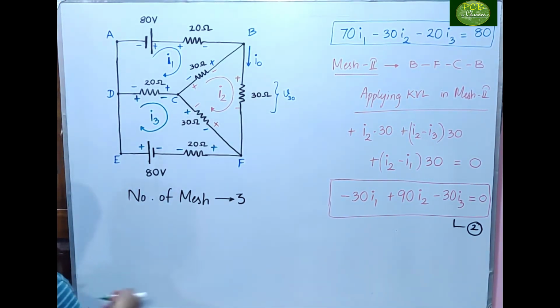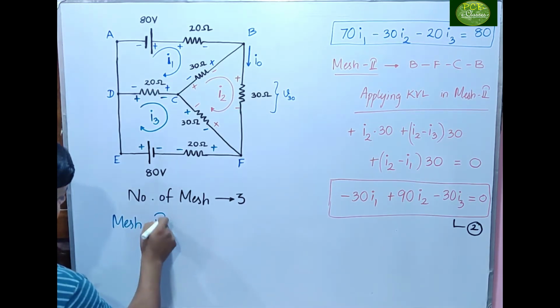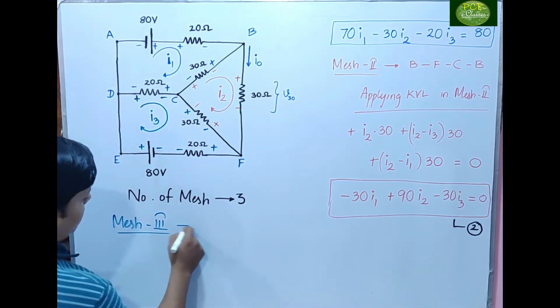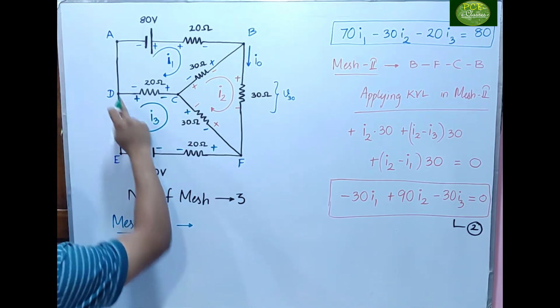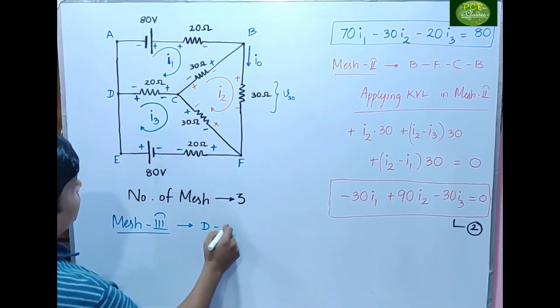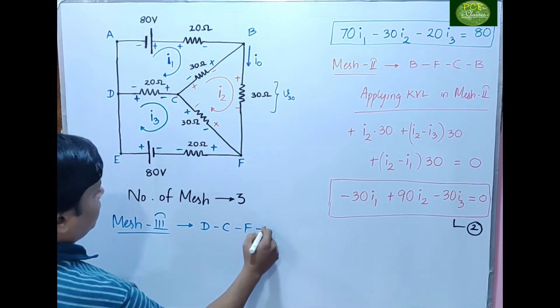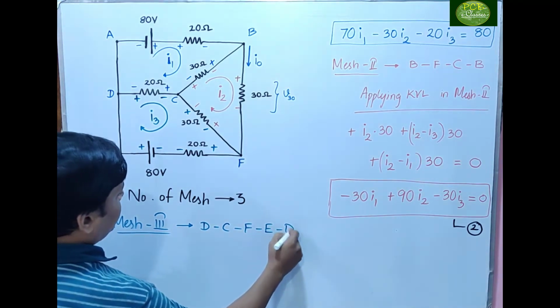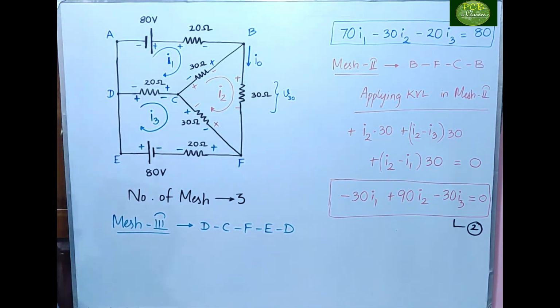Mesh number 3. From where to where? Let us start from D. So D to C, C to F, F to E, E to D. Right?